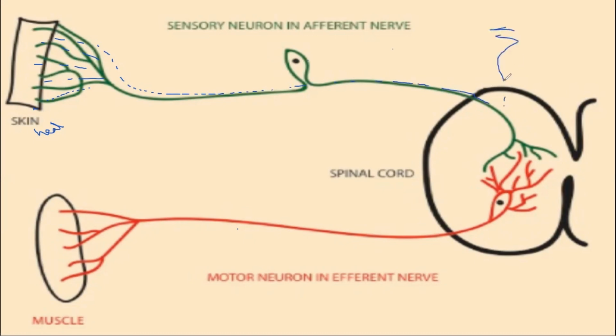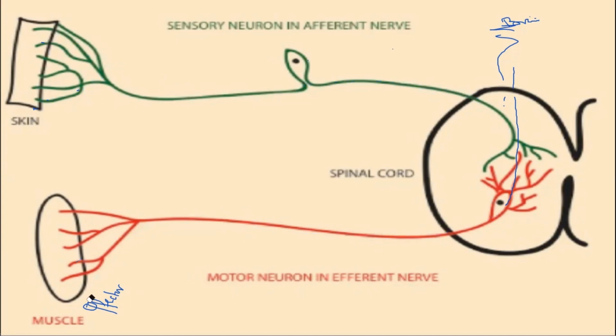From the spinal cord, the data will go to your brain. The brain is going to process the data, and the response will come via motor neuron to your muscles. For example, you have touched a hot object, your muscle is the effector now. So you will contract the muscles and you will pull your hand back. You will withdraw your hand. So this is how the sensory and the motor neurons are functioning.